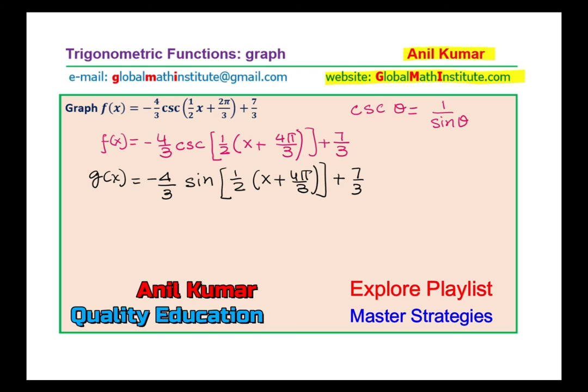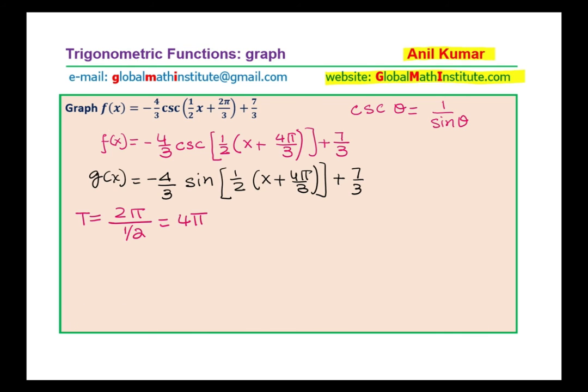Great. So remember one thing, when you have this, what is the period? The time period T will be equal to 2 pi divided by half, so the time period is 4 pi in this particular case. And what is the amplitude? The amplitude is equal to 4 over 3.